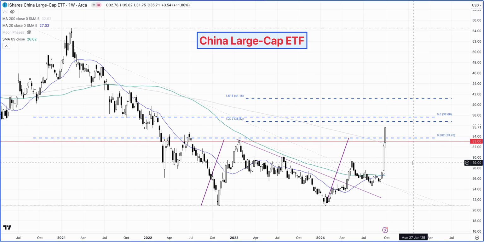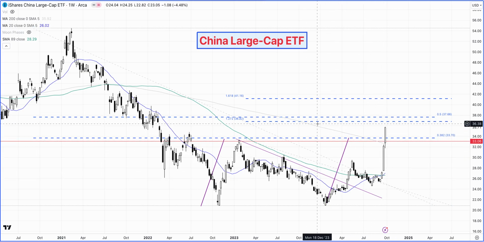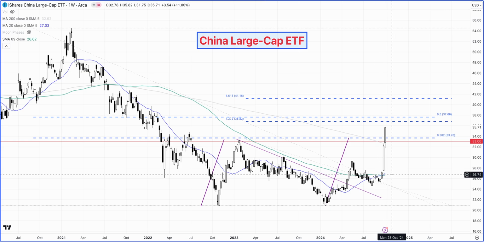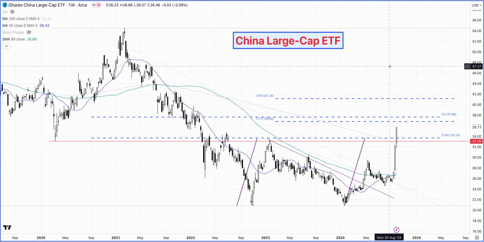So eventually, although the momentum is improving, these longer term averages, which is the 200-week moving average and the 89-week moving average in the green, will begin to consolidate around here, and the 20-week moving average, which is the blue line, has already moved above the 89 period. All of these will begin to move above the 200-week moving average, and we could have a really fantastic move to the upside.